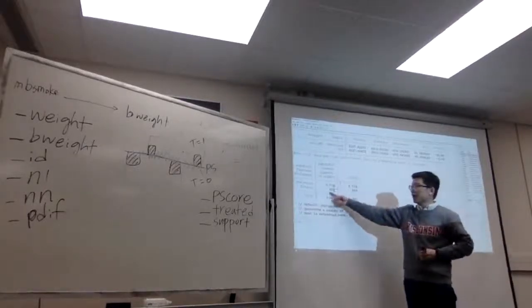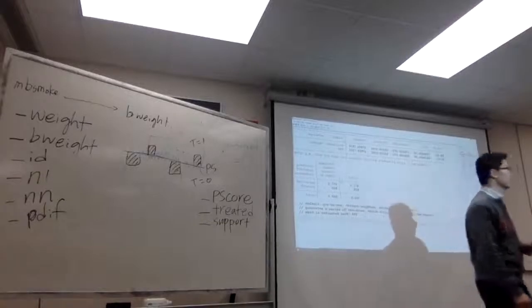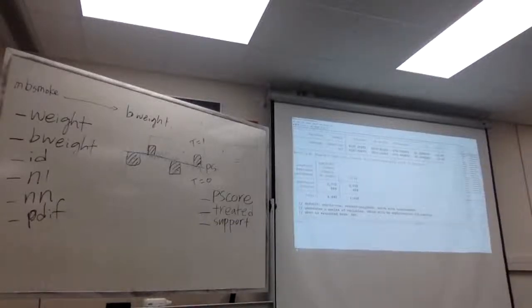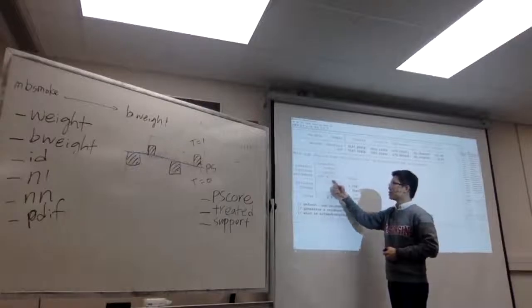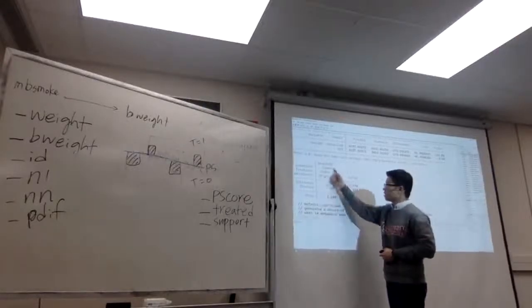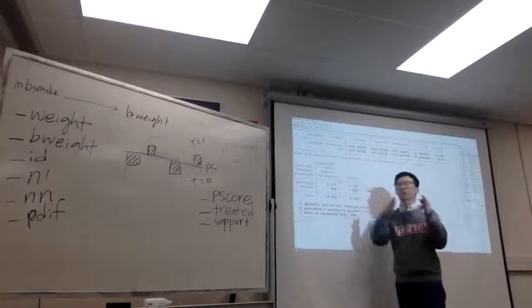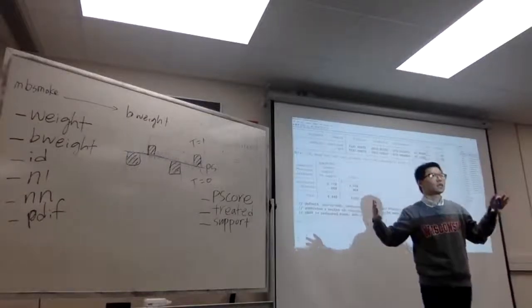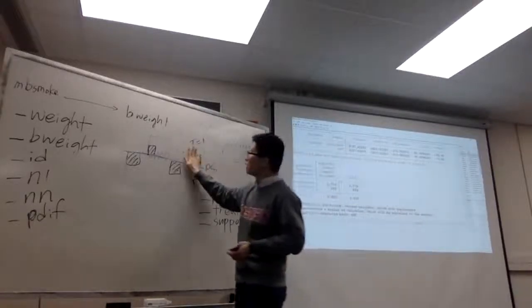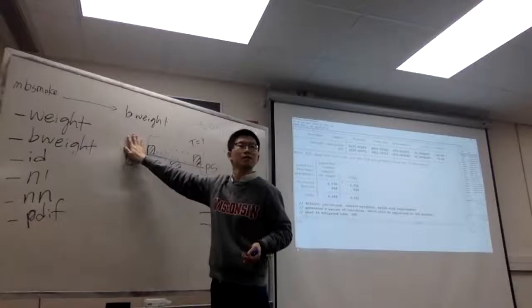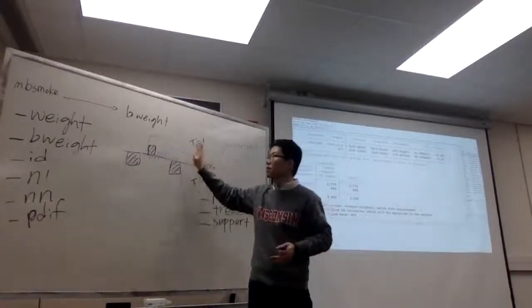There were a little over 800 treated cases, and control cases were 3,000-something cases. On support means that all of the observations were on the common support area, basically. So there were no cases off support. Good.